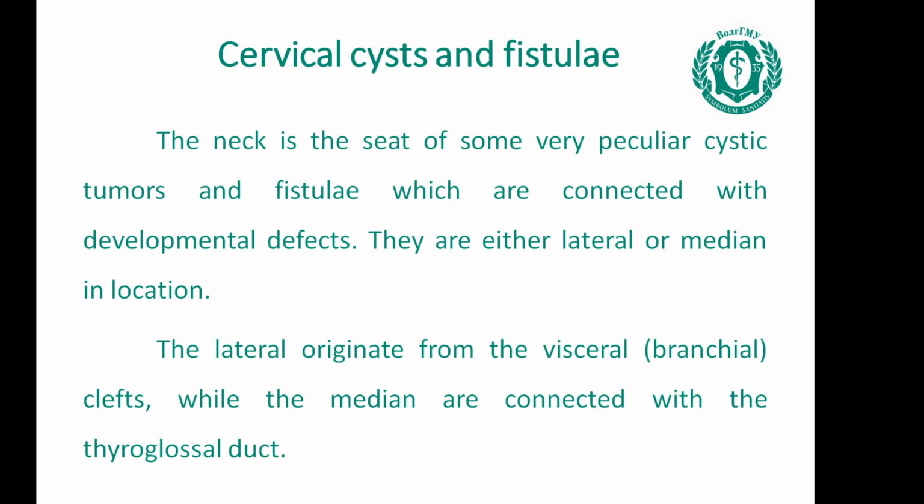The neck is the seat of some very peculiar cystic tumors and fistulae which are connected with developmental defects. They are either lateral or median in location. The lateral originate from the visceral or branchial clefts, while the medial are connected with the thyroglossal duct.